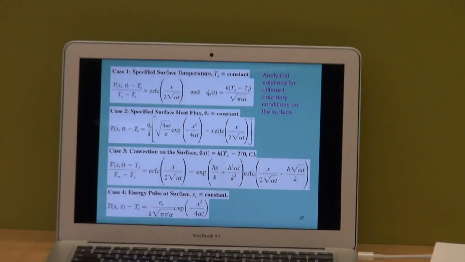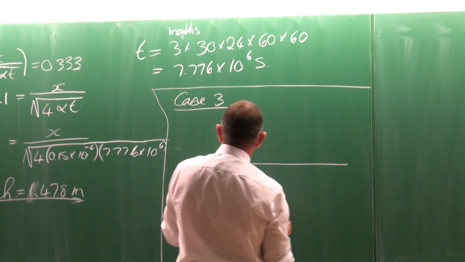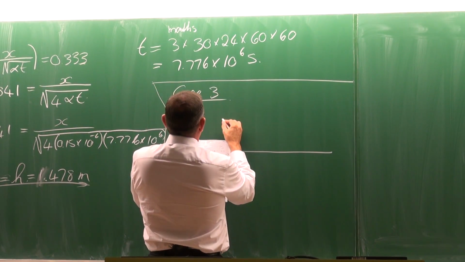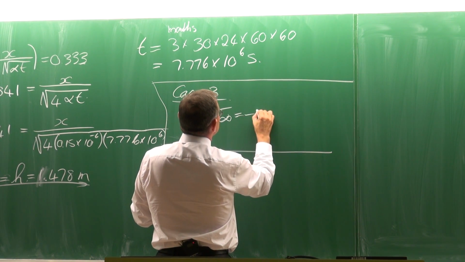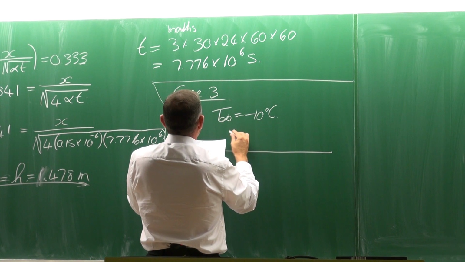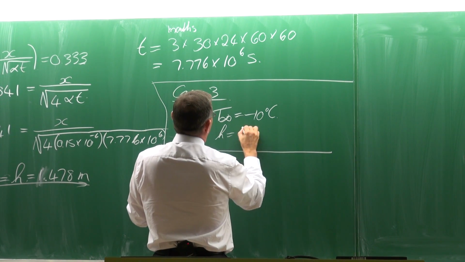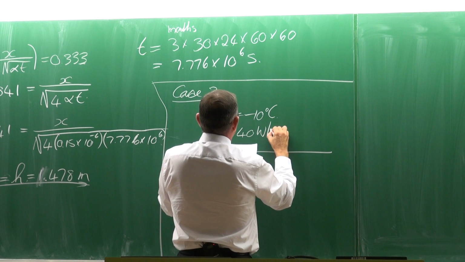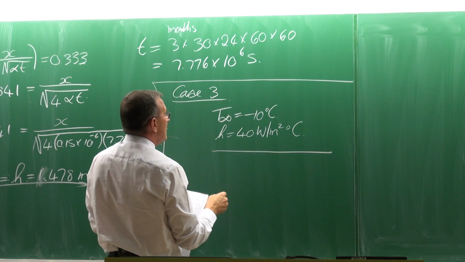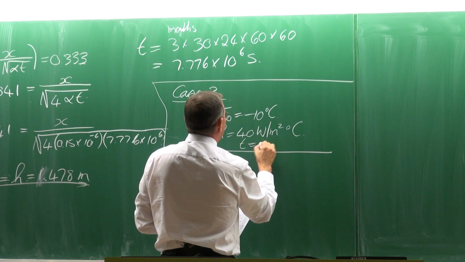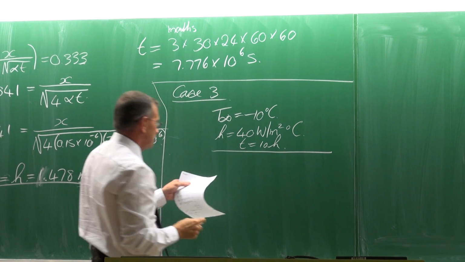So this third case is similar to the previous problem. Here we've now got winds, the temperature of minus 10 degrees Celsius, with a heat transfer coefficient of 40 watts per square meter degrees Celsius, and it is going to blow for a total of 10 hours.